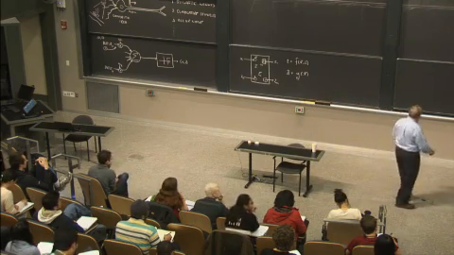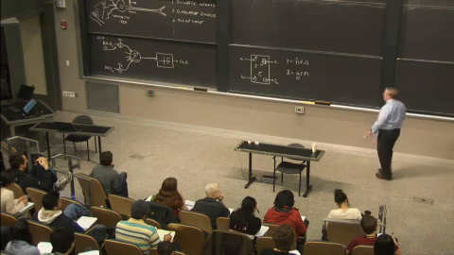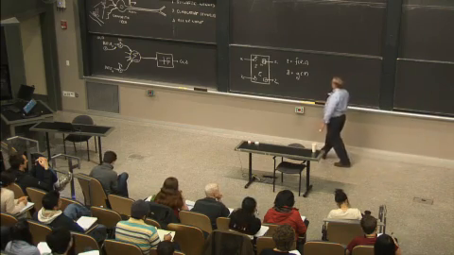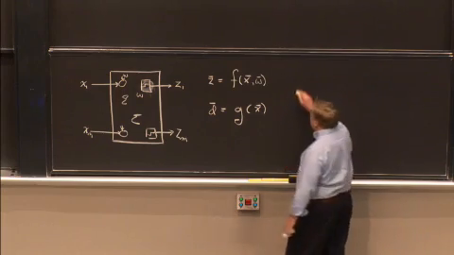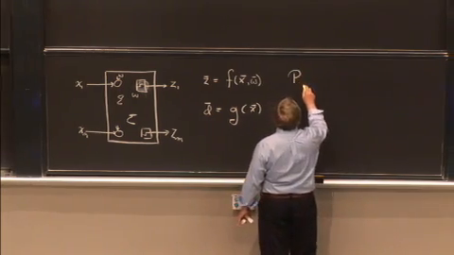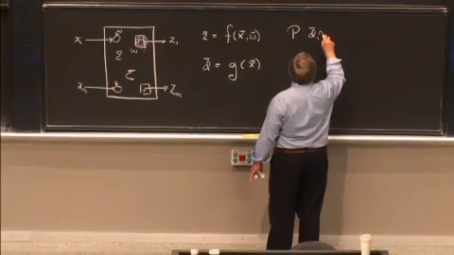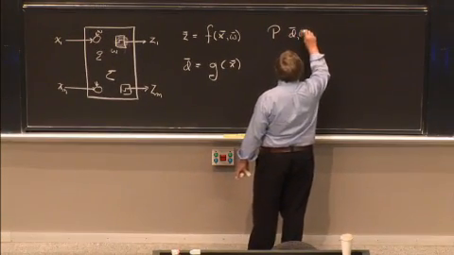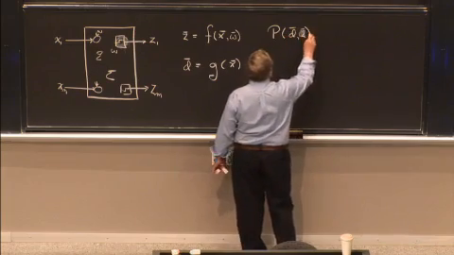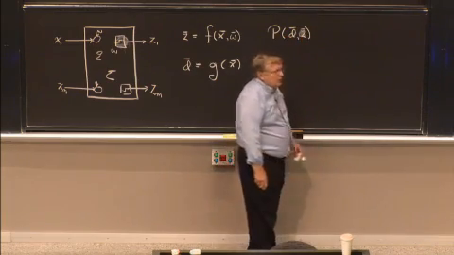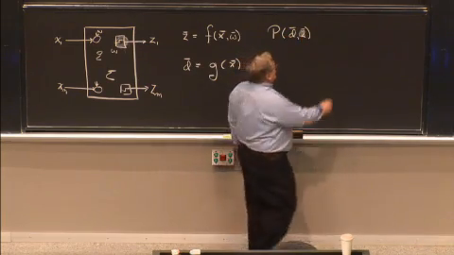Okay? So we need a performance function. Just for fun, we'll call it P. So P is a function of the desired outputs and the actual outputs, like so.